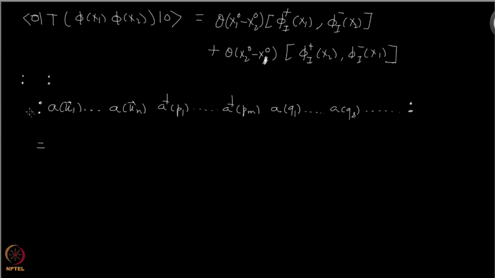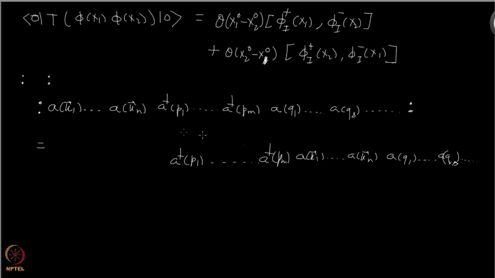You should get a's to the right and a daggers to the left. So all the a's should appear on the right. So you'll get a of k1 up to a of kn, and then you will have a of q1 up to a of qs, I have used s. So all the a's here and all the a daggers here. And if there are more a daggers, you can put them here.